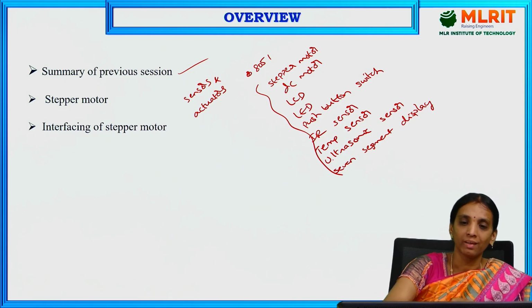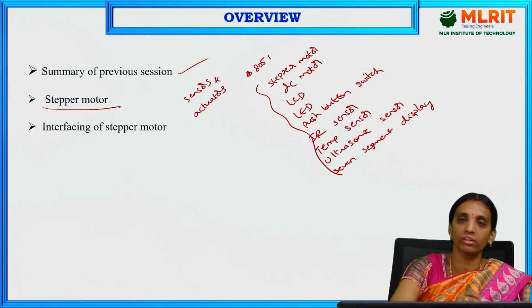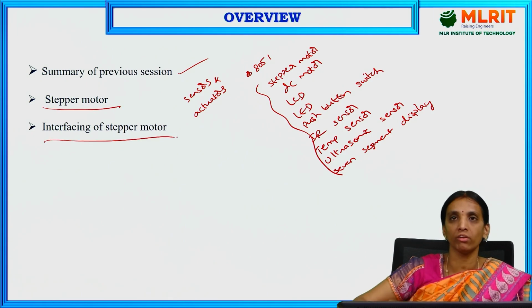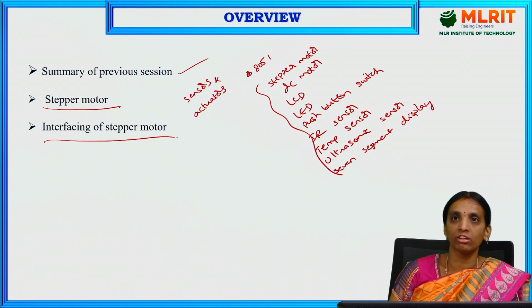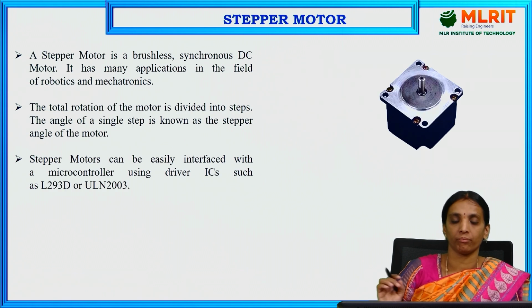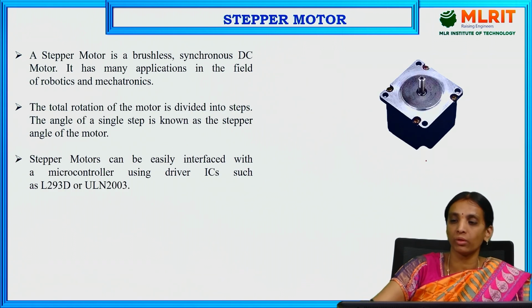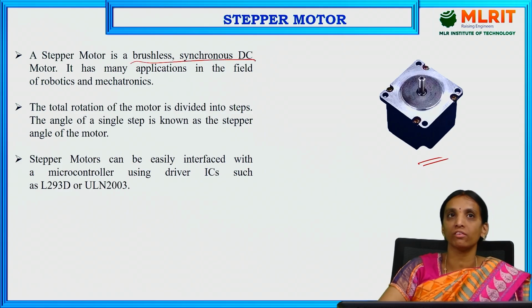So in this session we are going to discuss the stepper motor and how to interface the stepper motor with our 8051 microcontroller. A stepper motor is a brushless synchronous DC motor.